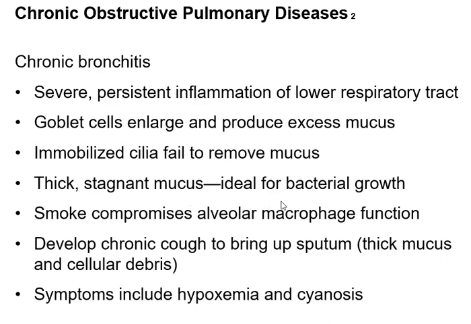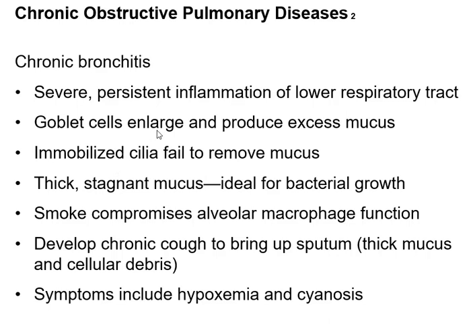If you have bronchitis, you're making too much mucus, and the mucus is a great food for bacteria. They love to eat mucus because it's got all kinds of proteins and good stuff in there. So a person who smokes has their cilia won't move anymore. They not only don't move, but after a while they fall off.